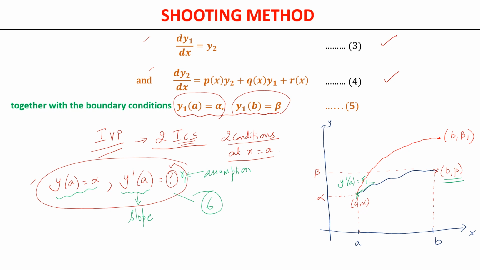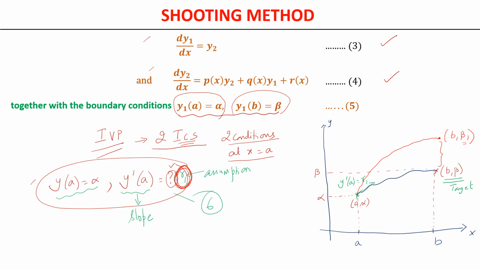But what is the actual target? Please note the actual target, that is the y value at B, is beta. But by taking y dash of A to be gamma 1, where am I reaching? I am reaching the point beta 1. So instead of beta, I am reaching beta 1, which is very far from beta. That means the slope that I have chosen here is initially not correct.